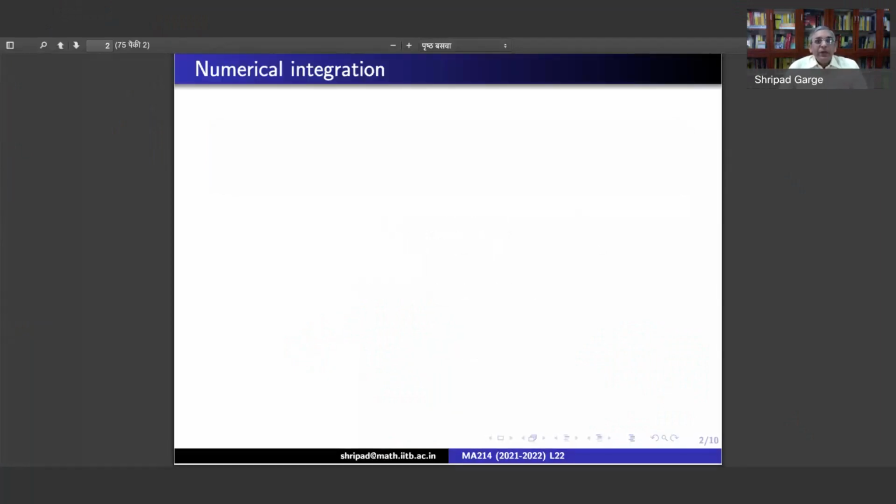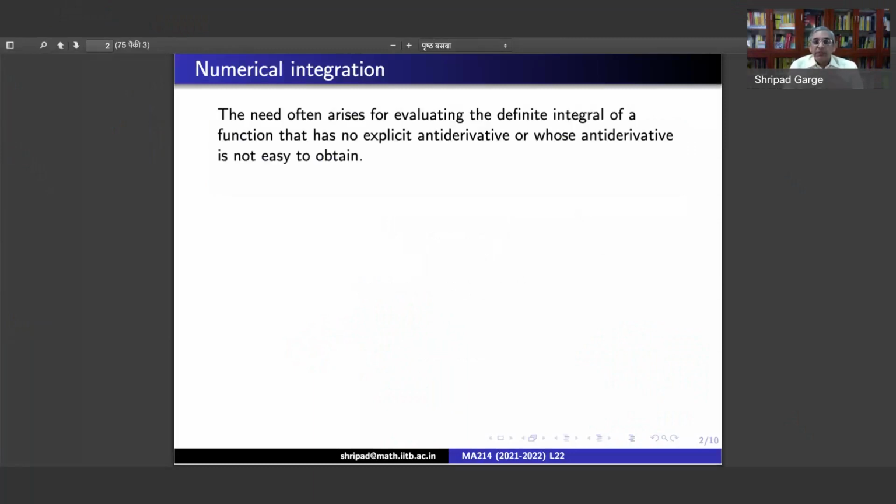So why do we need to do numerical integration? That could be the first question that one may want to ask, and the need often arises, of course, to compute the definite integrals of a function which has no explicit antiderivative, or the antiderivative is not perhaps very easy to obtain.